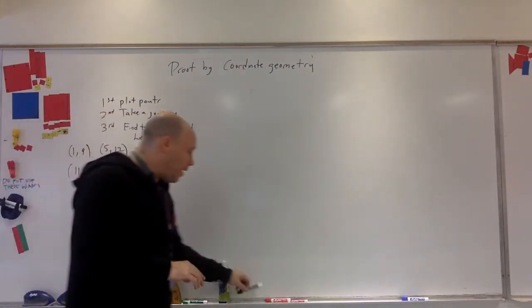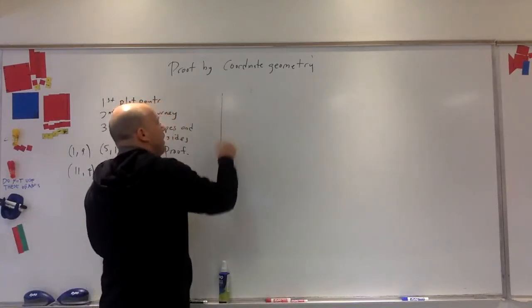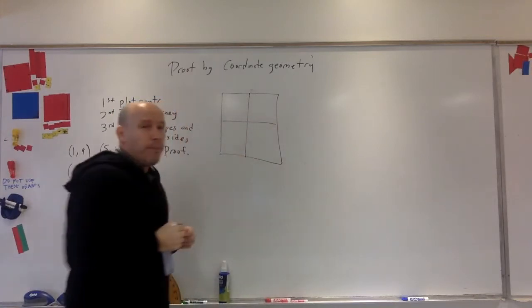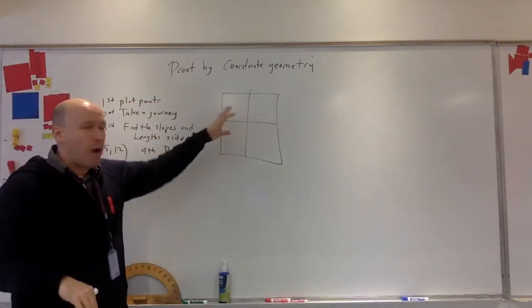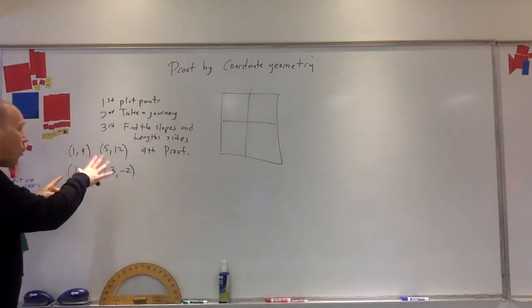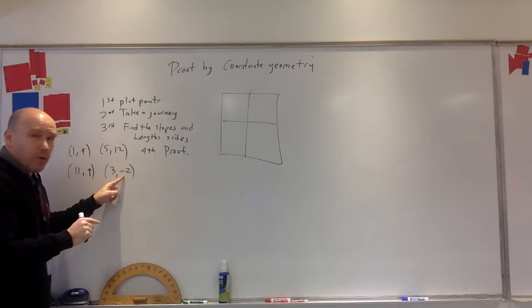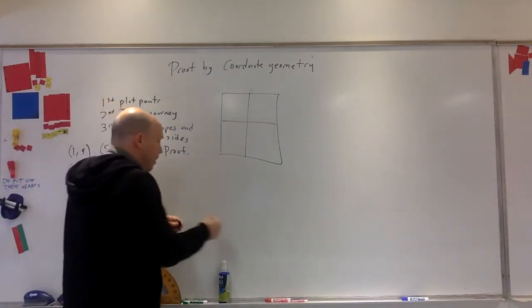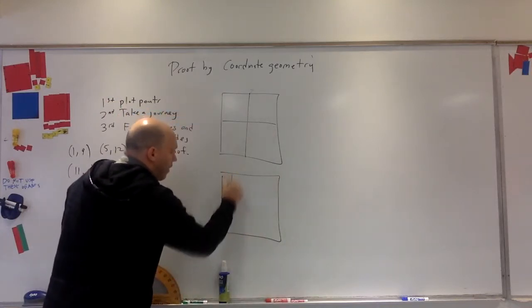Now, usually when we tell you to take a piece of graph paper, kids immediately just write the axes in the middle. But looking at these, I want you to say, you know what? I can put the axis wherever I want. I want you to notice that all of these numbers are positive, except for that negative 2. So instead of drawing your axes like this, maybe you want to draw your axis more like this.